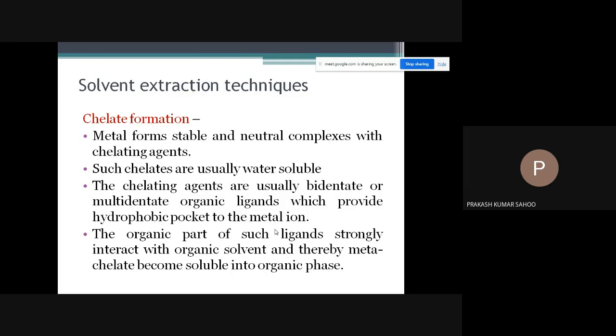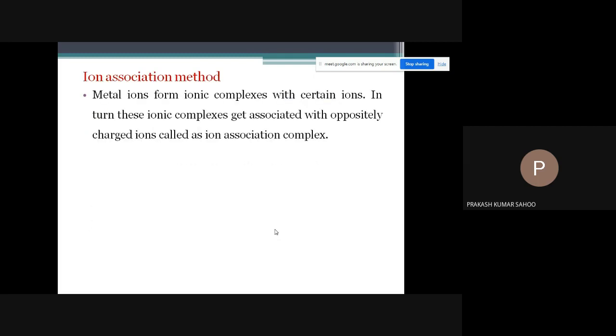If it is hydrophilic, that means it has love towards water. The organic part of such ligands strongly interacts with the organic solvent, and thereby the metal chelate becomes soluble in the organic phase. That means to dissolve the metal in the organic phase, we have to use organic ligands like the bidentate ethylene diamine ligand or the multidentate, hexadentate ethylene diamine tetraacetate ligand.